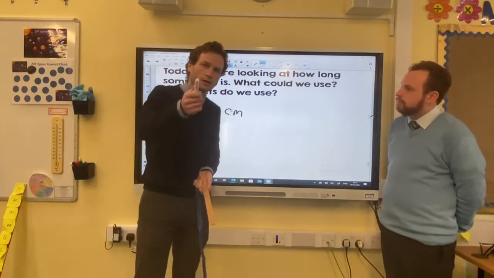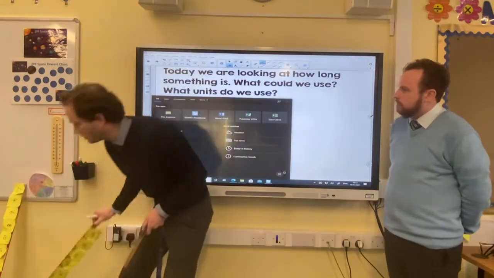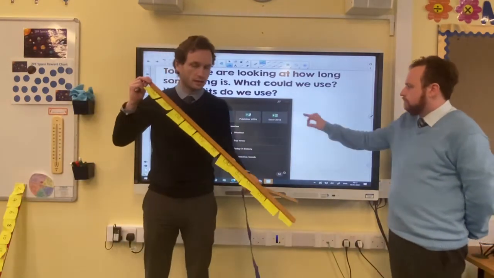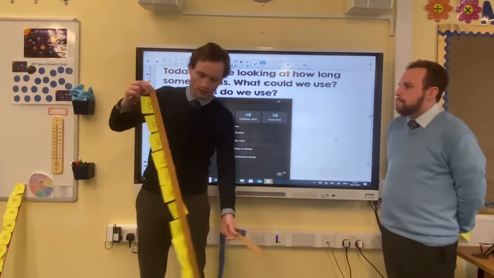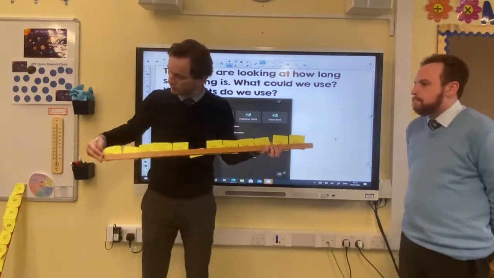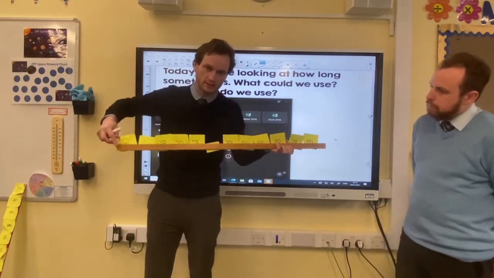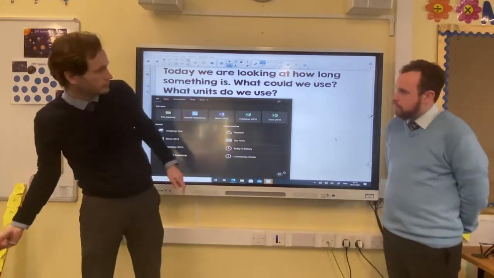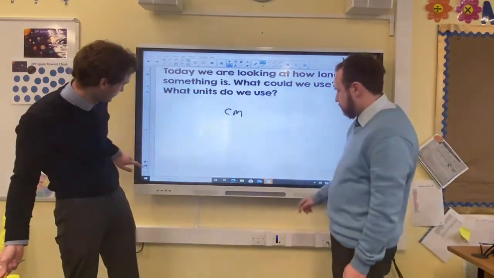Do you remember how many centimetres are in 1 metre? Okay, it is 100. So if you look on here, this is 1 metre long and there's 100 centimetres in it.